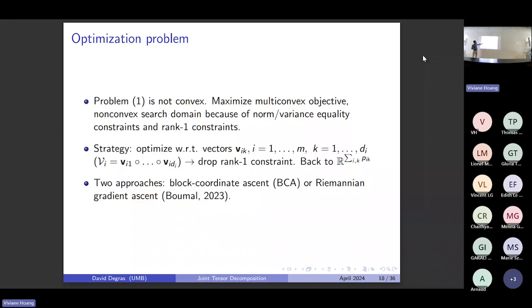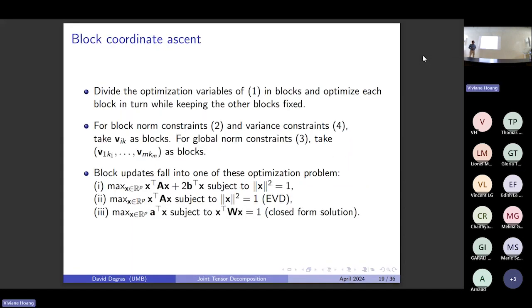So this is one data set, so I can go through the different dimensions or modes of that data set and update those vectors one at a time, and then go through the modes and go through the data sets. And there's another approach, which is more synthetic, that will move all the blocks VIK at the same time, and it's called Riemannian gradient descent. So I'll say a few words about both approaches.